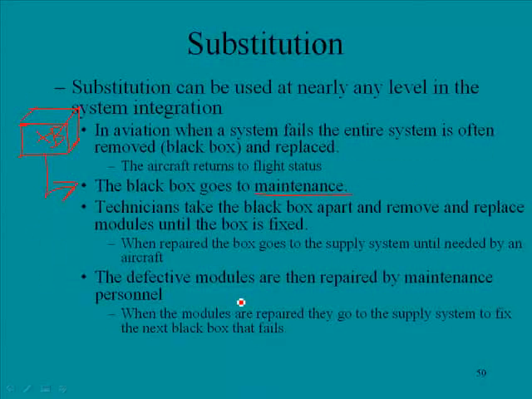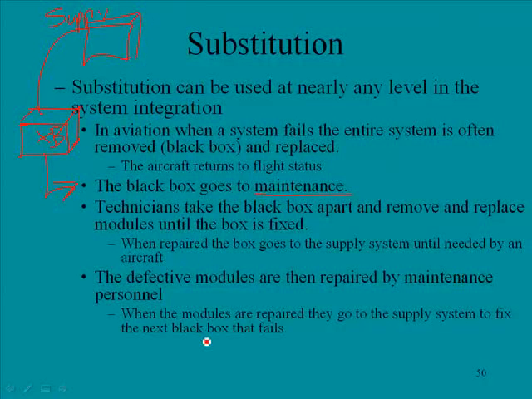When repaired, the radio goes back to the supply system until it's needed by another aircraft. Another radio fails, and then it's plugged into an aircraft, and away it goes.